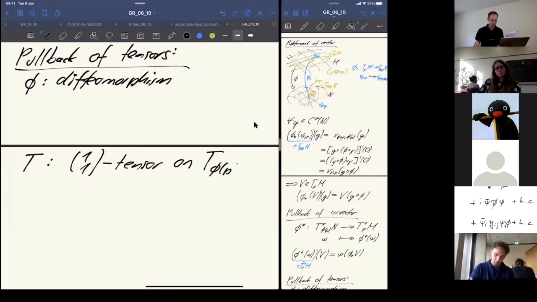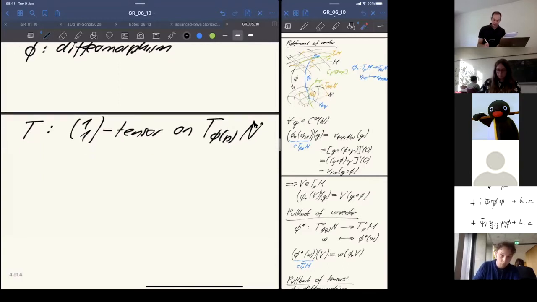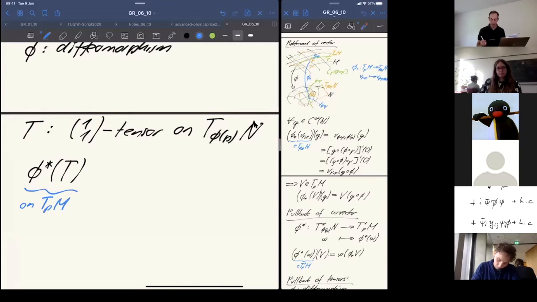I start from the lower one, from T at phi of p in N. And now I want to define the object defined by pulling back the whole tensor. And it's always somehow the same trick. To understand a tensor, I have to feed the tensor with its arguments. So first of all, this is now a pulled back tensor. I want this tensor to be a tensor on T_pM, because that's the pullback one.